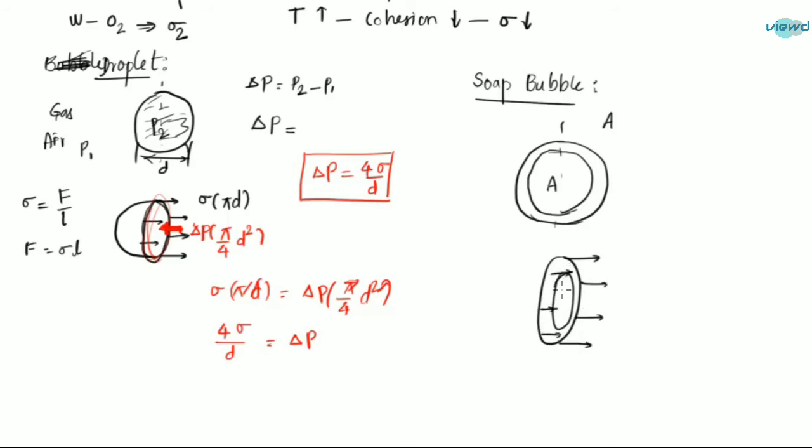These are surface tension forces. And also there will be pressure force. So here delta P is equal to, there are two surface tension forces, so 4 sigma by d into 2, which gives us 8 sigma by d, where d is this diameter.